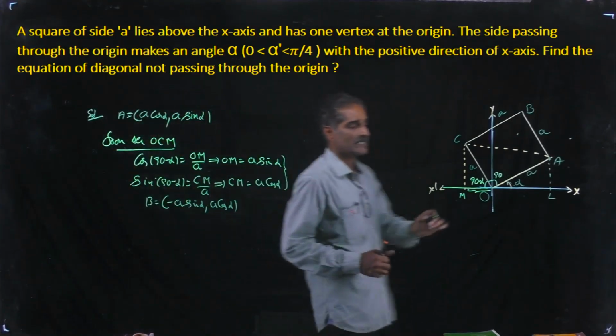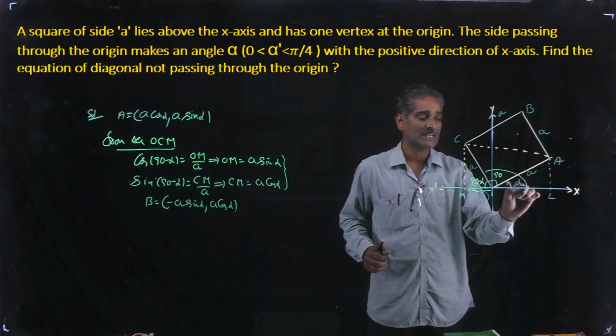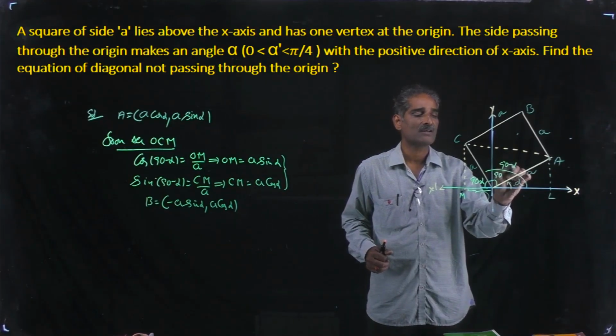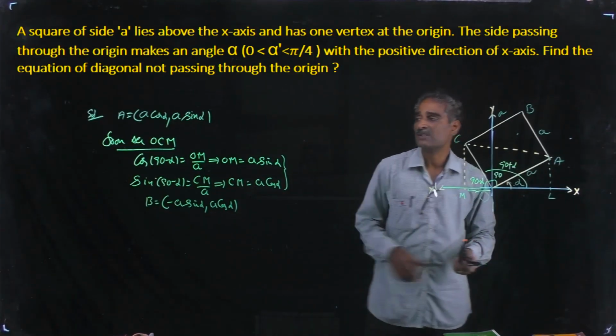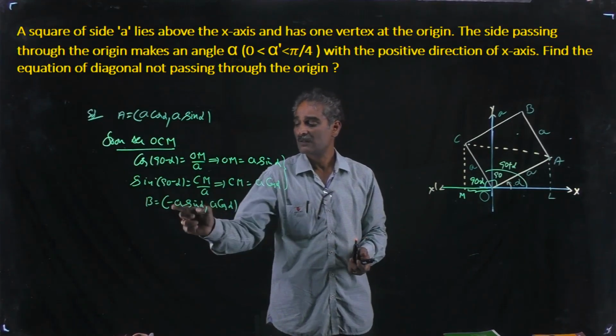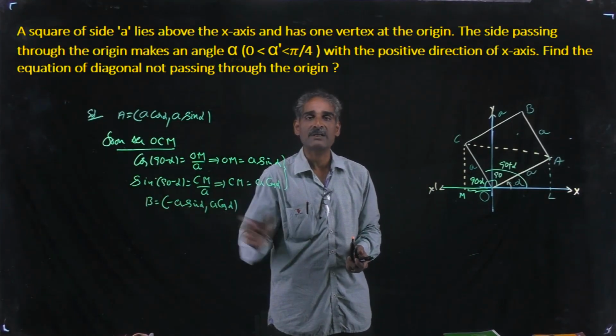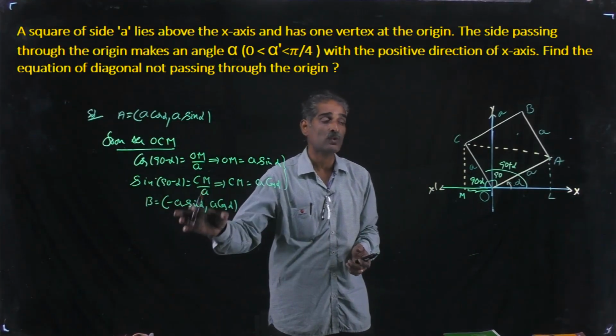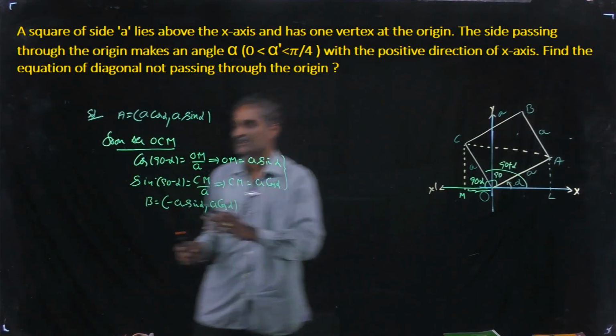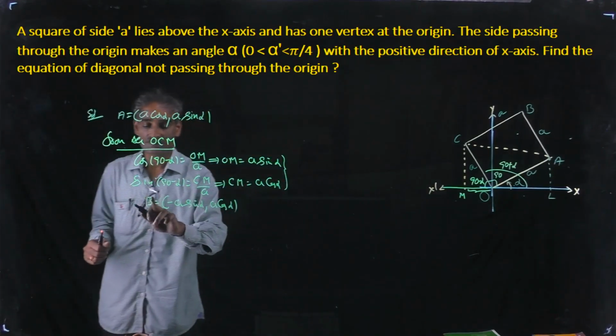Otherwise, you can take this angle as 90 plus alpha. Cos of 90 plus alpha is minus sin alpha, sin of 90 plus alpha is A cos alpha. This is how to find the coordinates of C.